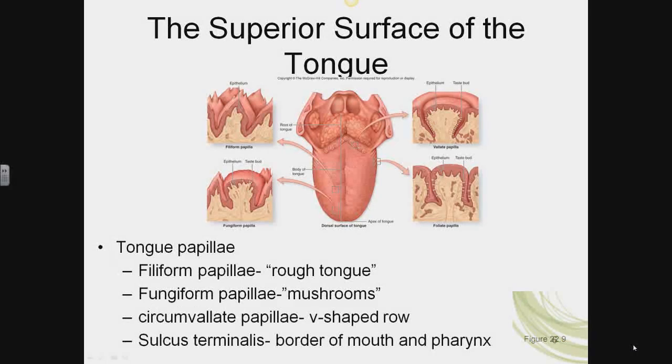Each cylindrical taste bud, by the way, is composed of numerous taste receptors called gustatory cells. And the gustatory cells within the taste buds are specialized neuroepithelial cells, and they only have a lifespan of about 7 to 10 days. And they repopulate from stem cells called basal cells. Beginning at about age 50, our ability to distinguish between different tastes declines because we lose our gustatory cell replacement and the number of taste buds.